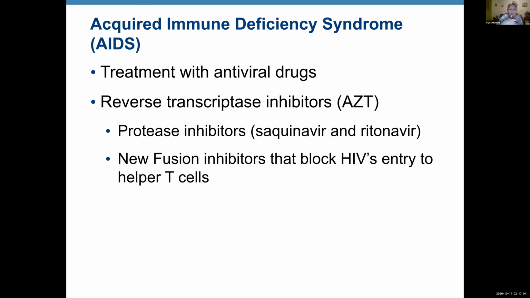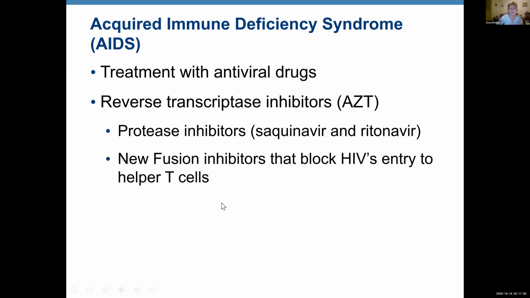Also, protease inhibitors. This one destroys viral proteins and doesn't allow the parts of the virus to assemble. Also some new fusion inhibitors that block HIV entry into helper T cells.